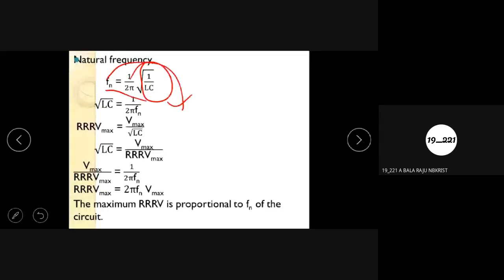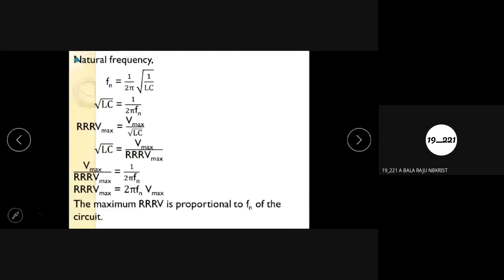So I will get root LC equal to 1 by 2 pi Fn. I have got an expression for root LC, and I can substitute it in the above expression. The maximum value of rate of rise of restriking voltage is V max by root LC, so instead of root LC write 1 by 2 pi Fn.